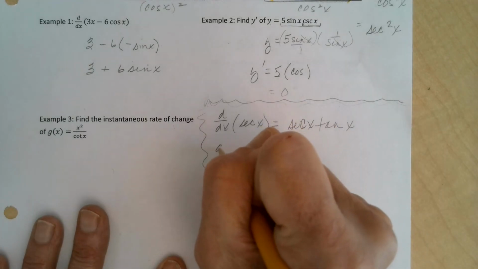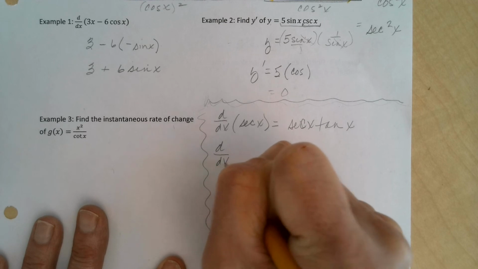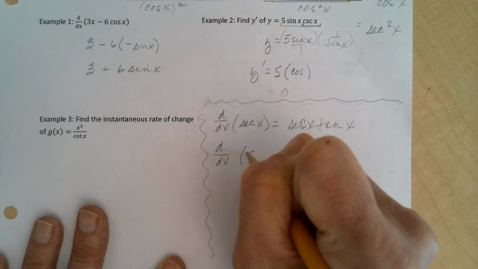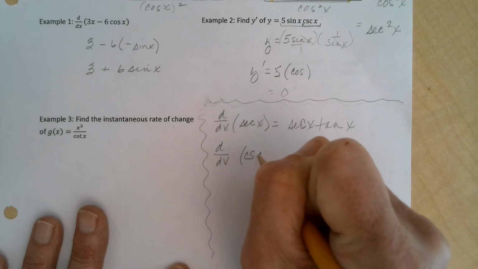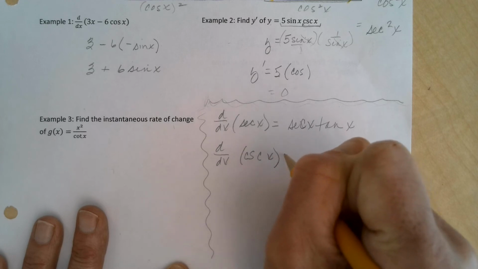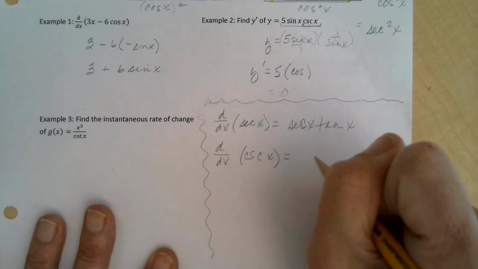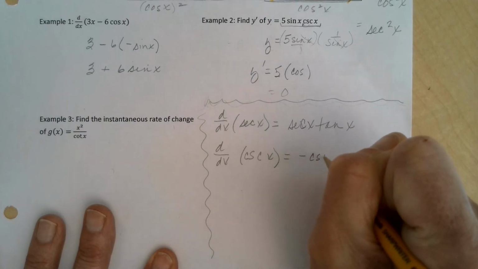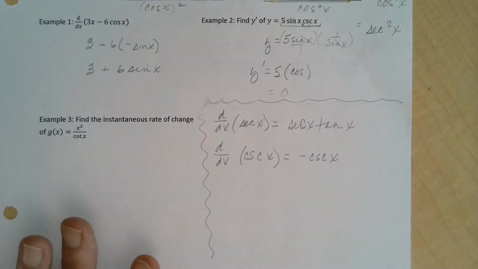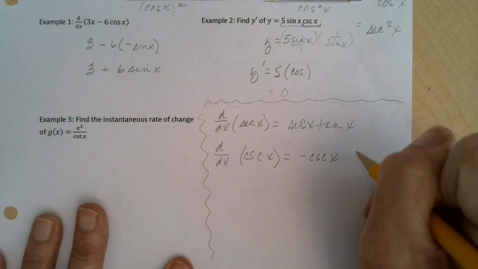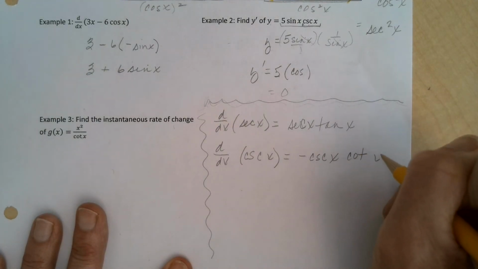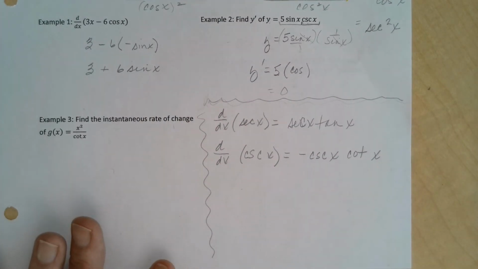The derivative of the cosecant of x is always going to be equal to the opposite of the cosecant of x times the cotangent of x.